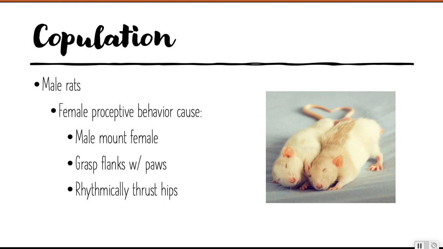This is before intromission, so they're going to start thrusting right before intromission. They're mounting the female. Both male and female rats are going to be vocalizing to one another, but these are frequencies that are below our detection, so we don't hear it, but both of the rats can.